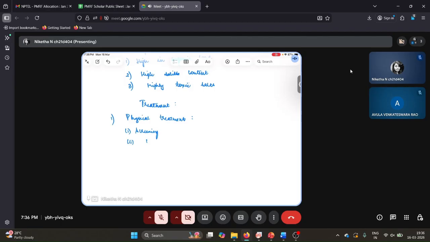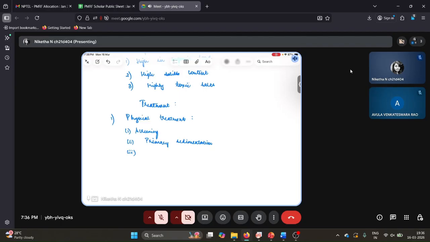Second step is primary sedimentation. In primary sedimentation, about 95% of the chromium is removed. This involves coagulation and precipitation. In this process, about 95% of the chromium salts can be removed as sludge.